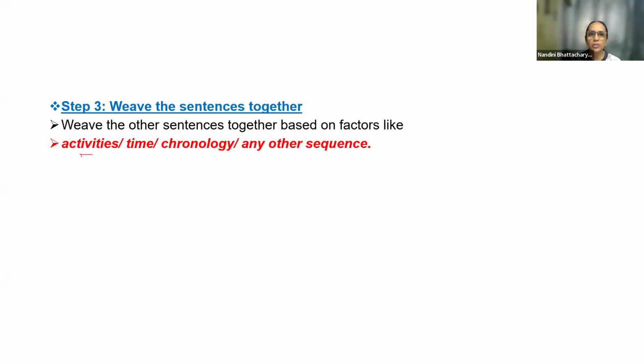Or maybe a decision has been taken by the managing committee, and according to that, the students have to do something. Maybe chronology can be based on time, or it could be logical chronology, or any other sequence. So that will come from the purpose of the paragraph.